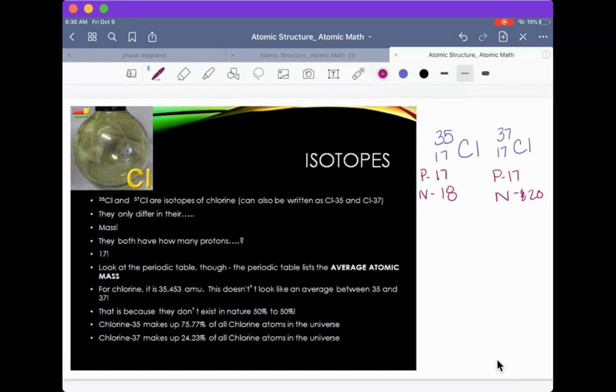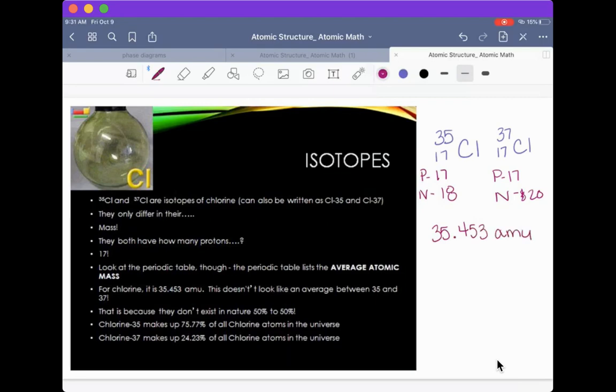Now, if you look at your periodic table, I want you to look at the average atomic mass. That number is the decimal that is usually right below the chemical symbol. For chlorine, it shows that its average atomic mass is 35.453 AMU.